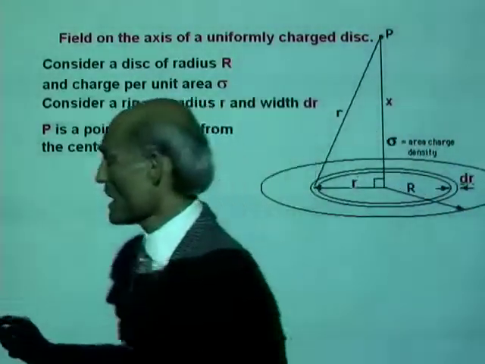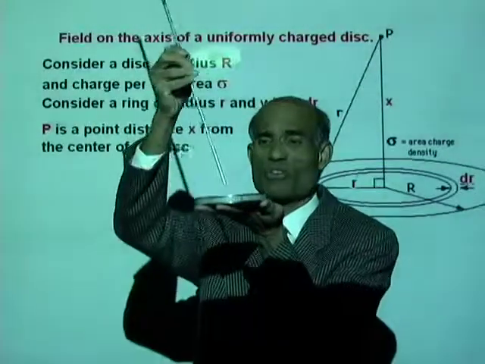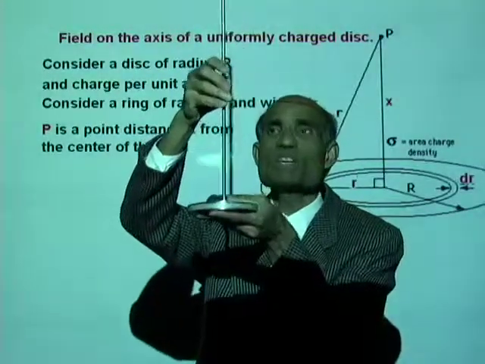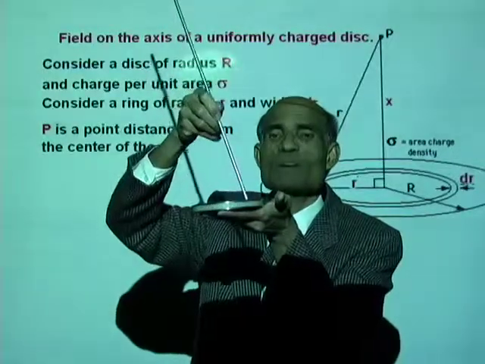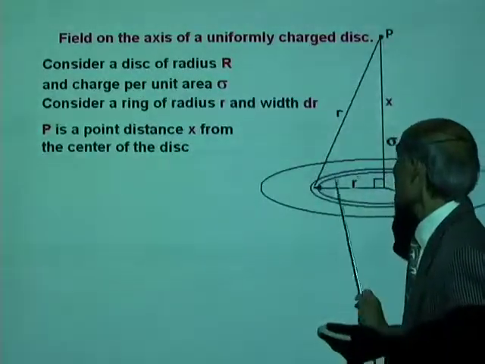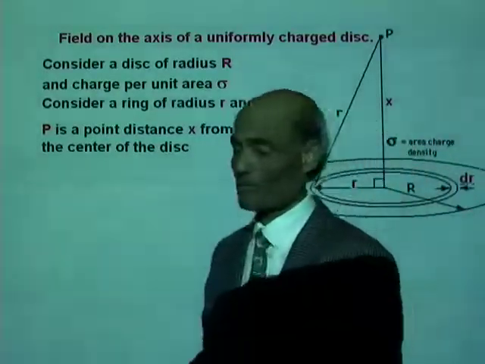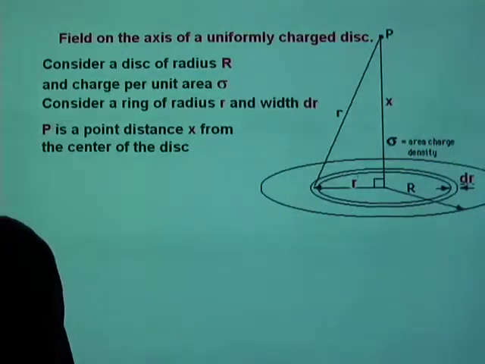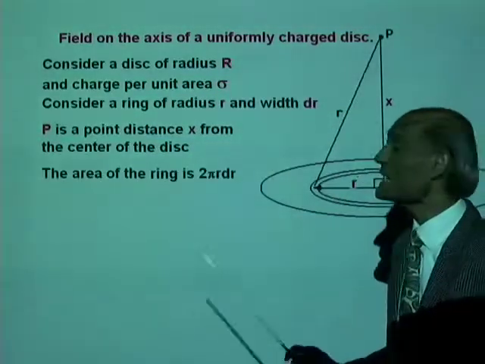You can see in my diagram I have kept the disk flat like this, and the point P is on the axis here. And you can see I have cut one ring. The ring has a radius r and the width of the ring is dr. Can you tell me what the electric charge on that ring is?